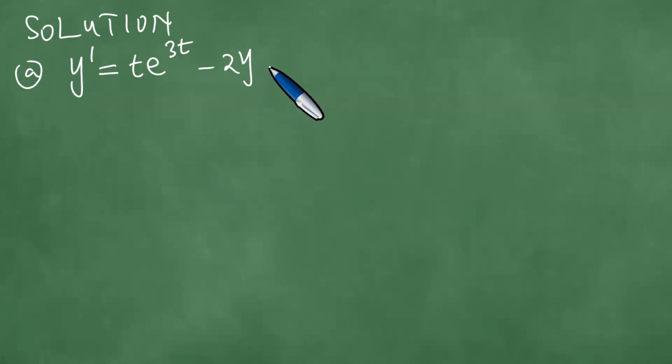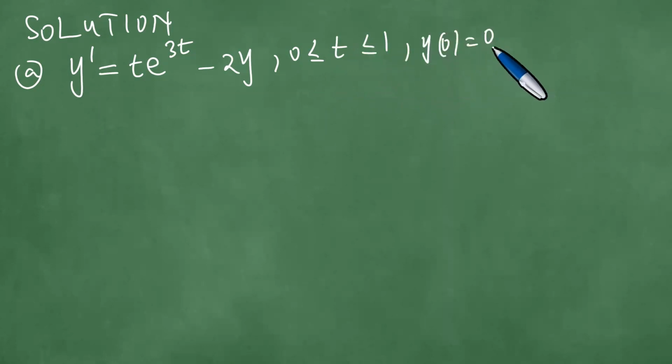I just want to illustrate Euler's method with this particular exercise from the textbook. So you have t from 0 to 1, with h equals 0.5.